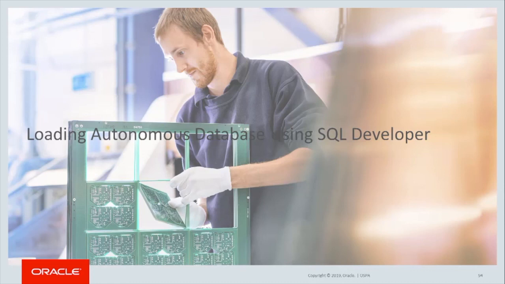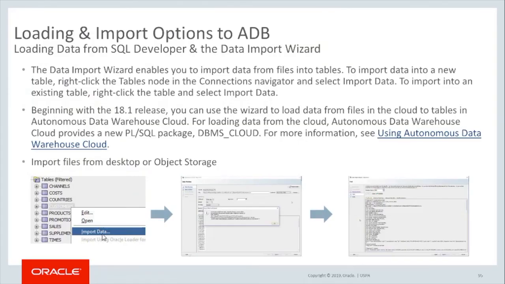SQL Developer provides easy-to-use data loading wizards for loading data into Autonomous Database. Let's walk through an example of this functionality. As a reminder, SQL Developer is a free tool included with Autonomous Database. The SQL Developer Data Import Wizard enables you to import data from files into tables.